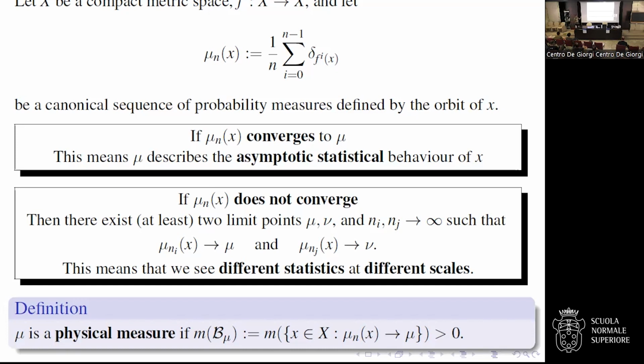This mu_n of x depends on initial condition, or are there many initial conditions which converge to that? If there are many initial conditions that converge to the same measure, then we say that mu is a physical measure, to indicate that if you choose a point at random with respect to Lebesgue, you have positive probability of picking a point that's going to converge to that statistics.